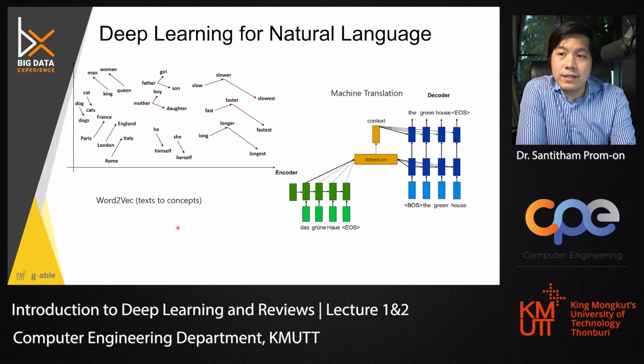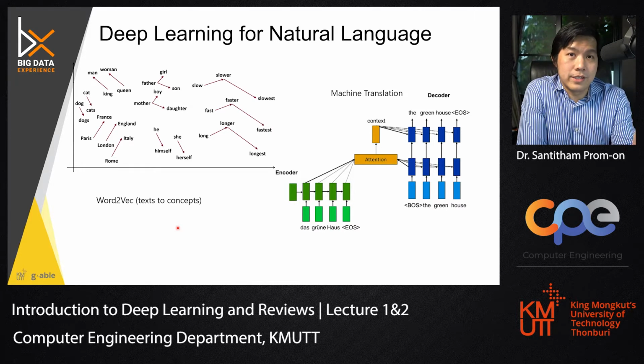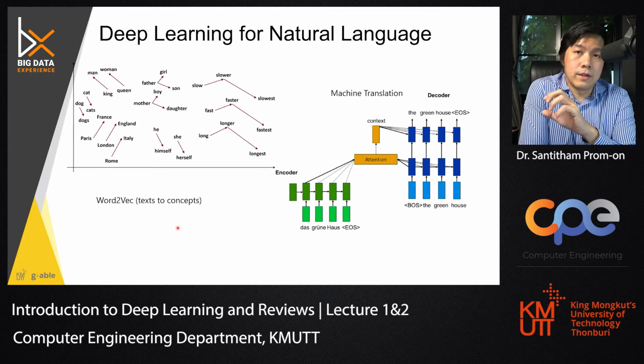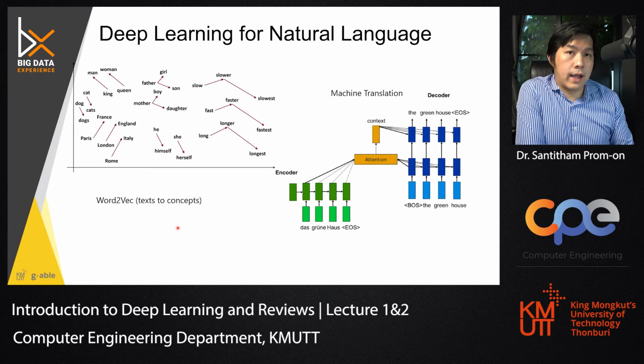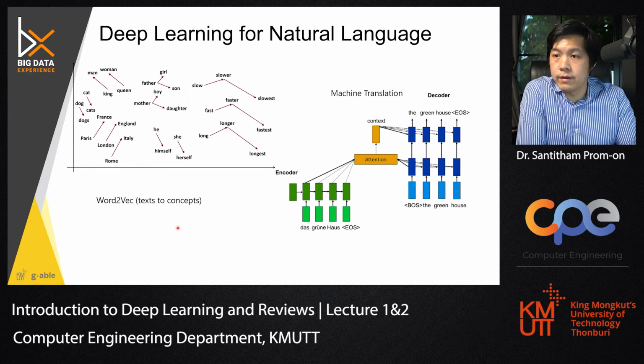I think there is a course called natural language processing. If you are interested in the detail, you can register for that course. For this, I just want to mention that you can use it with natural language, and we will briefly work on this in language modeling and in sequential data with the recurrent neural network later on.